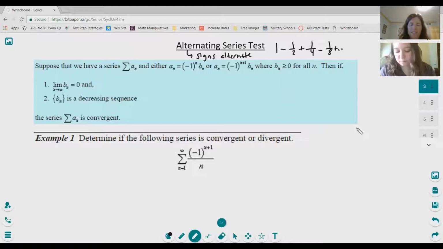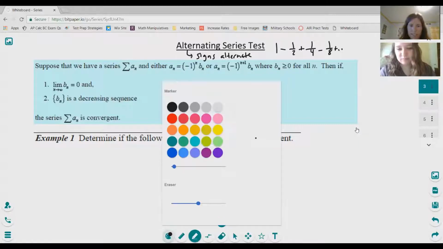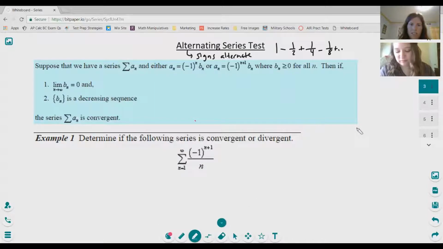And if it's in the sigma notation, the easy way to identify an alternating series test is if you see this -1 to the n or -1 to the n plus 1 or n plus 3 or anything like that. That's a good indicator to use this alternating series test. And the ratio test will work instead of doing the alternating series test, but the alternating series test is a lot quicker if you're able to remember it and be able to use it.